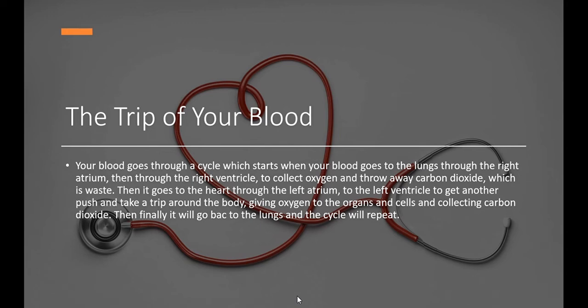Now on to the cycle. Now after it collects the oxygen, it goes to the heart for another push, and so it goes to the left atrium and then to the left ventricle to get another push, and then it takes its trip around the body, giving oxygen and collecting carbon dioxide, and then, as you know, it would go to the heart to take another push to the lungs to give off the waste and collect in the oxygen.